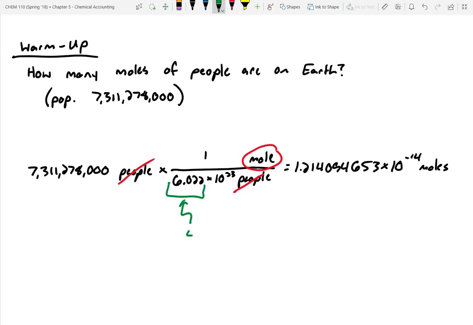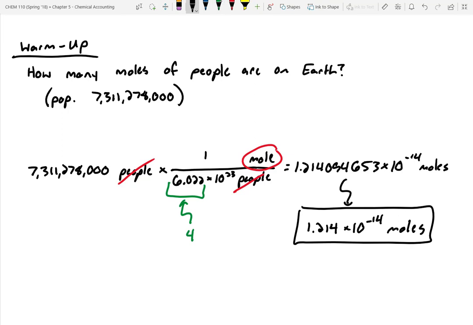So this is 4 sig figs. It is a measured number. That means our final answer also needs to contain 4 sig figs as well. So this is 1.214 times 10 to the negative 14th moles. And that would be our final answer because we do want this to have the appropriate number of sig figs.